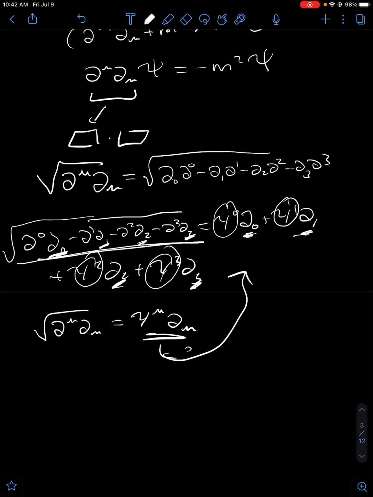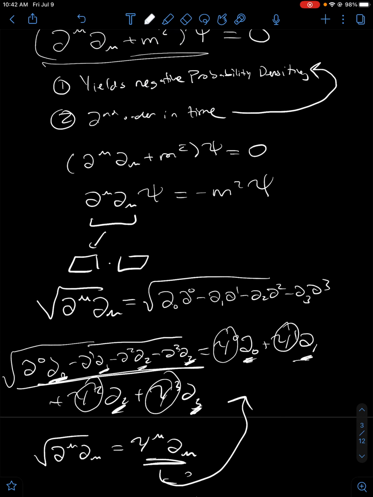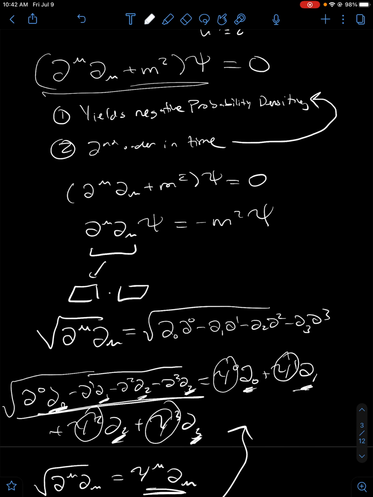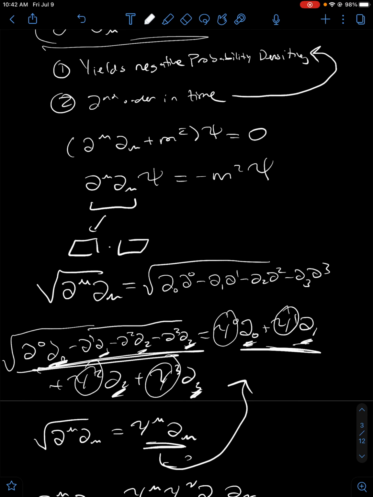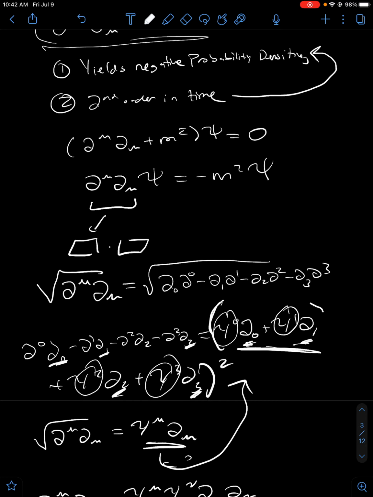So this, of course, implies that partial mu would then be gamma nu partial mu. Or in other words, if this equals that, then this squared, which is just this by itself, should be this entire expression squared, if that makes sense.